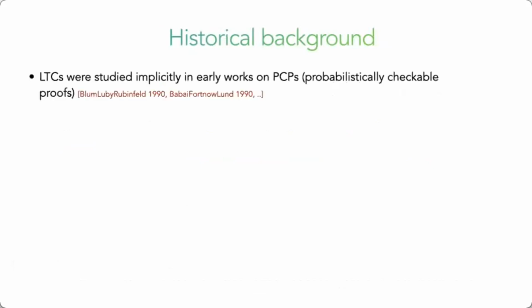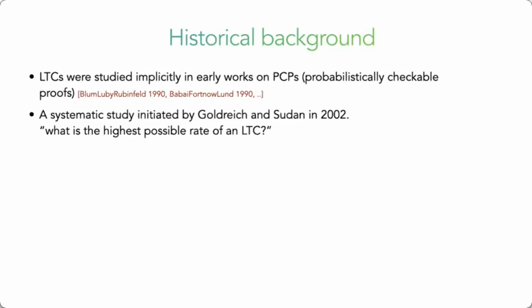Okay, so let me tell you some historical context, and then we'll get to a construction of a locally testable code. As I mentioned, these objects were studied implicitly when people studied probabilistically checkable proofs in the late 80s or early 90s, actually. At first they were not defined explicitly, but they were lying around there. And a decade later, a more systematic study was initiated in a paper by Goldreich and Sudan. They asked this question: for codes, we know that you can get constant rate and distance.